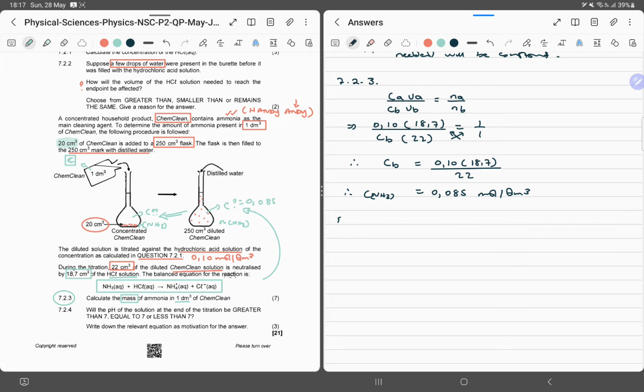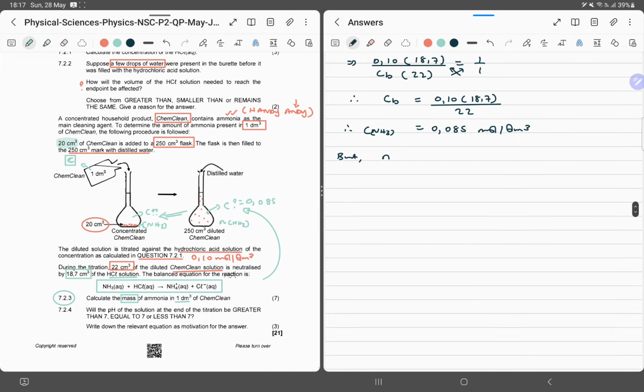So we can say the initial number of moles equals the final number of moles. This implies that the concentration that was there initially multiplied by the volume that was there initially is going to be equal to the concentration that we ended up with multiplied by the volume that we ended up with, because CV defines number of moles.